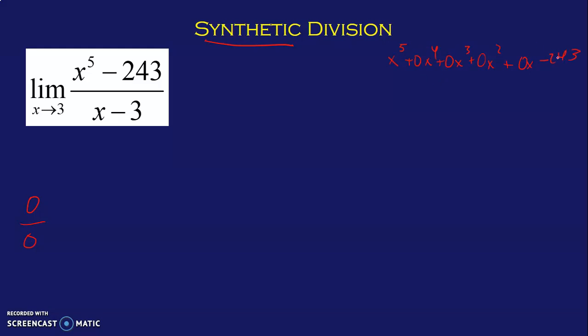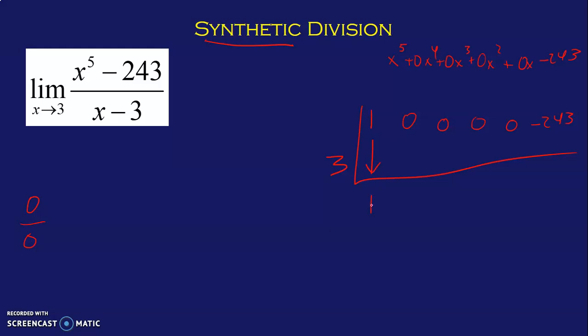Now that I know how many placeholders I need, I'm going to take the coefficients, mostly zeros, and put them into a little box. So 1, 0, 0, 0, 0, negative 243. Whatever I'm dividing by, I take the number that would make it equal to 0. So instead of negative 3, I'm going to put positive 3 on the outside.